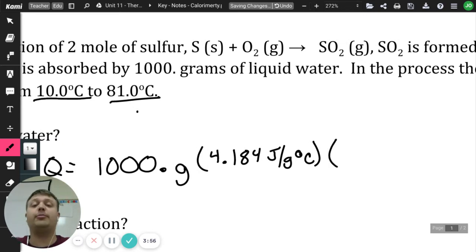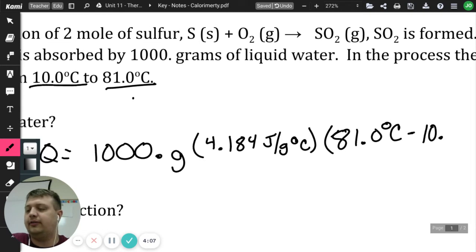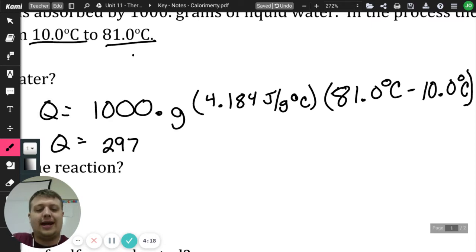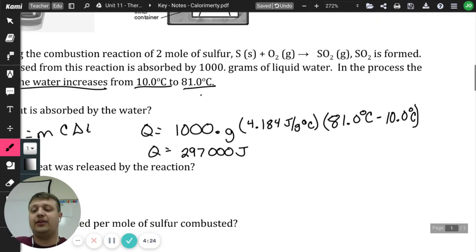Now remember, change in temperature is final temperature minus initial temperature. So 81.0 degrees Celsius minus the initial temperature, which was 10 degrees Celsius. I plug that into my calculator and find that Q equals 297,000 joules.